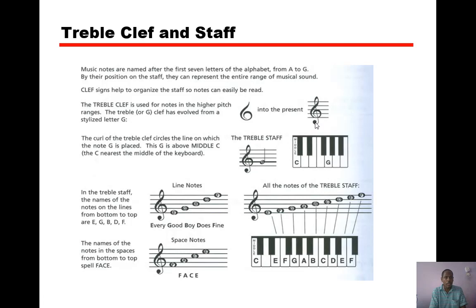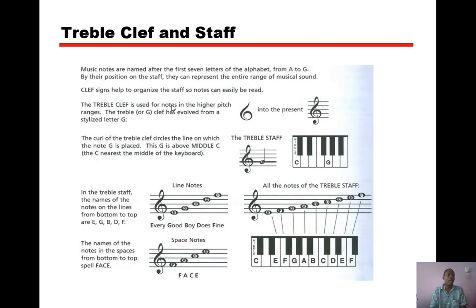So a clef helps us to organize the staff notes so that we can easily interpret, or easily understand, the notes. This treble clef is used for notes which are higher in pitch.